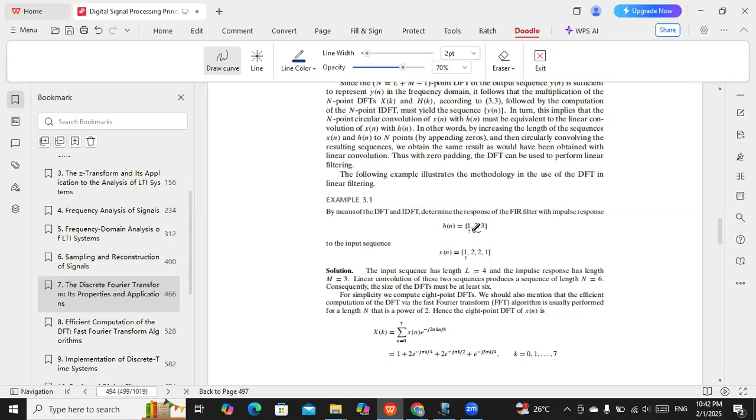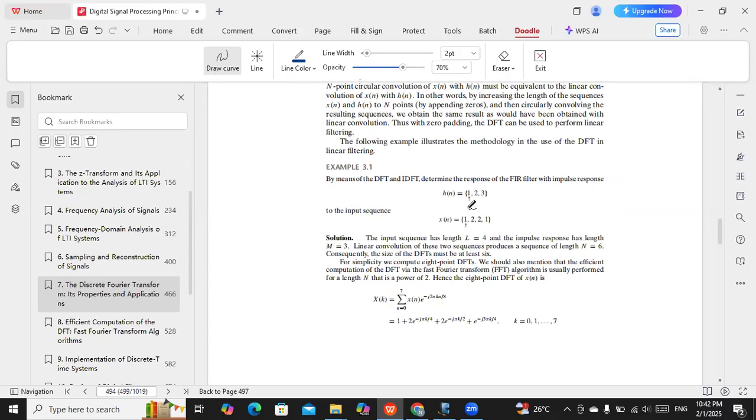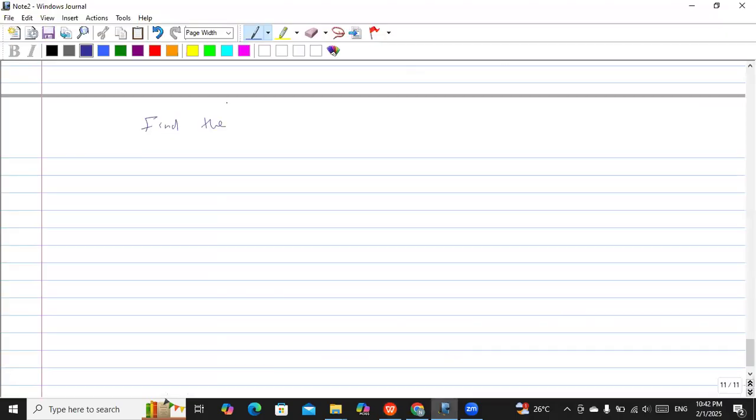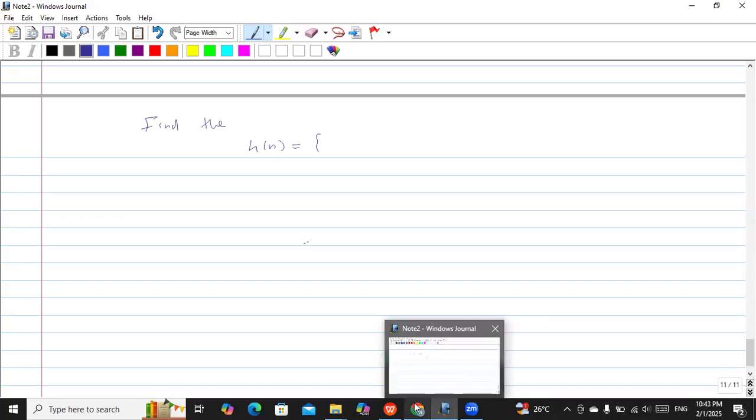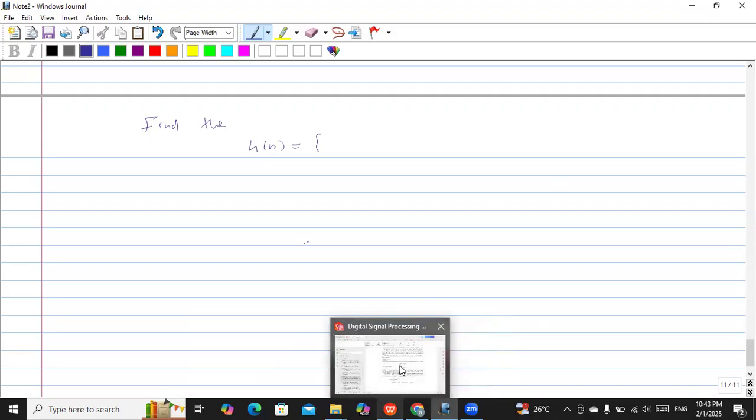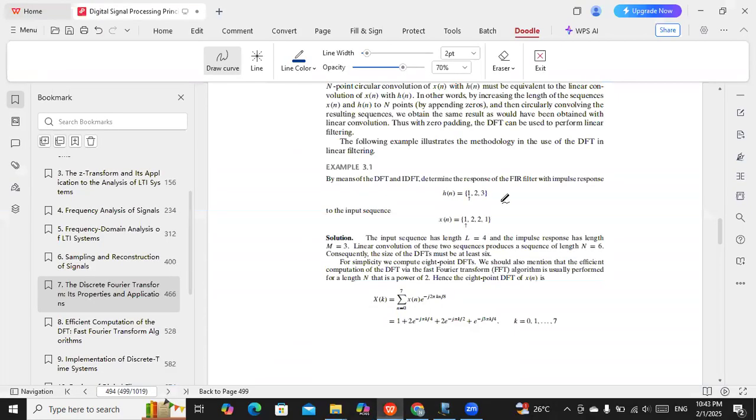Okay, so we will try to do this question. The h[n] is given. This is the impulse response of an LTI system. h[n] is given as 1, 2, 3.